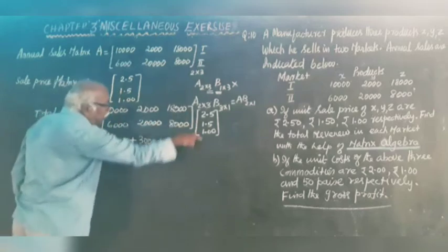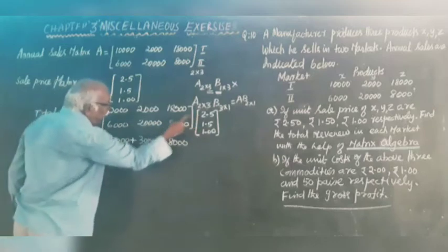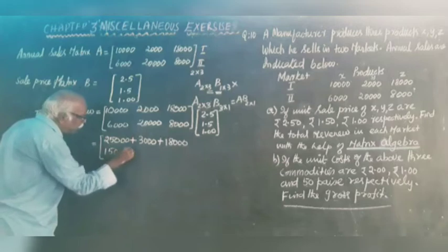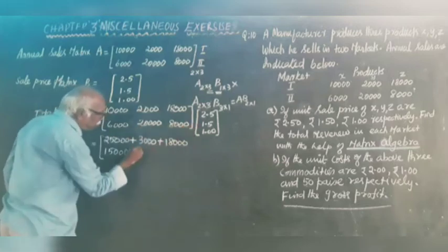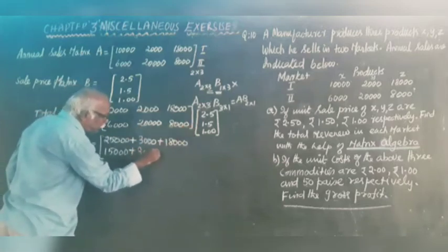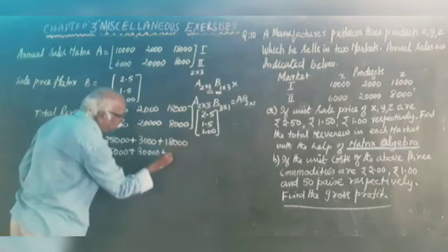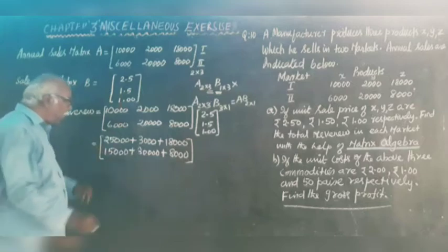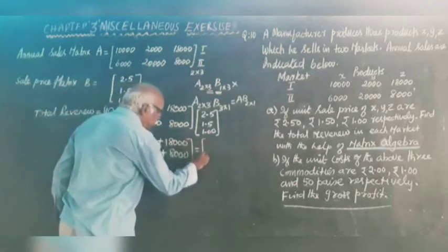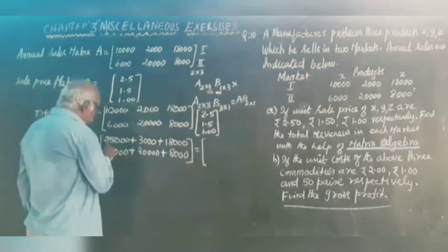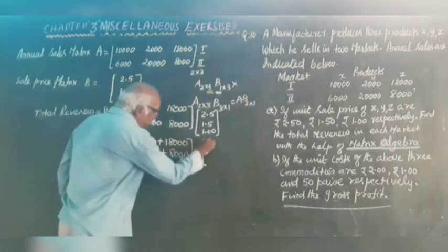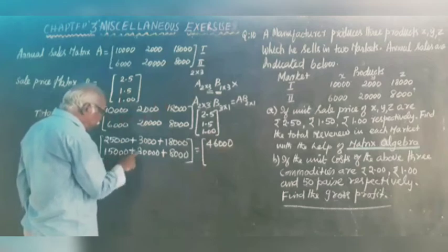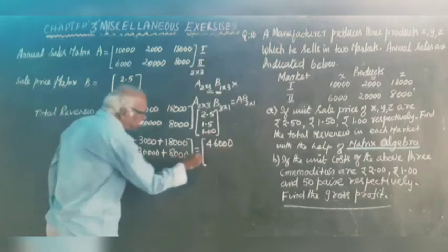Second row, first column: 6,000 into 2.5 is 15,000, plus 20,000 into 1.5 gives 30,000, plus 8,000 into 1, 8,000. If you add, you will get the answer: 46,000 and 53,000.